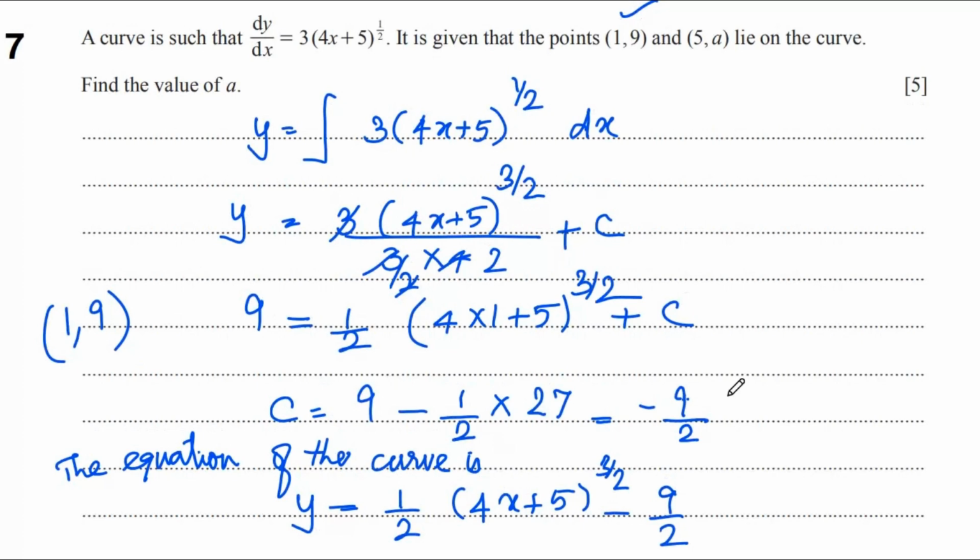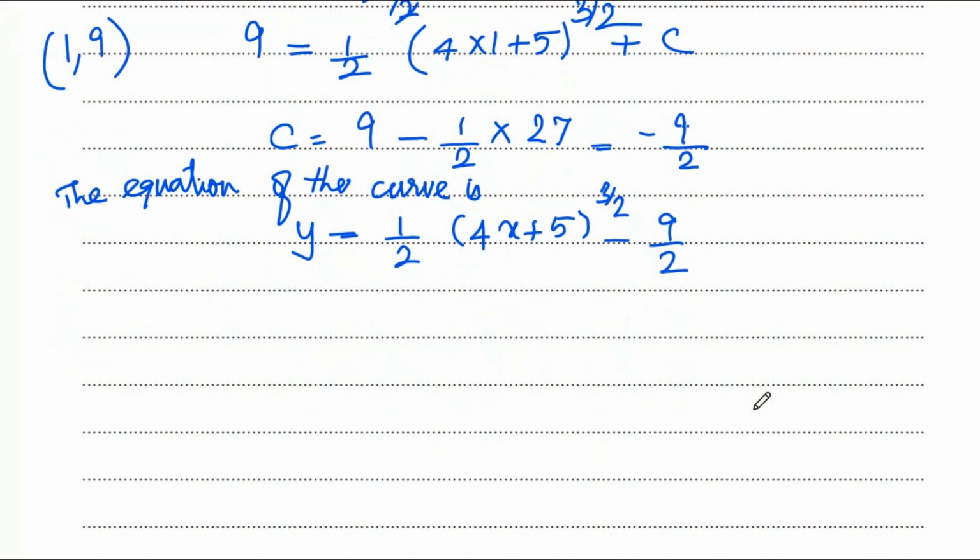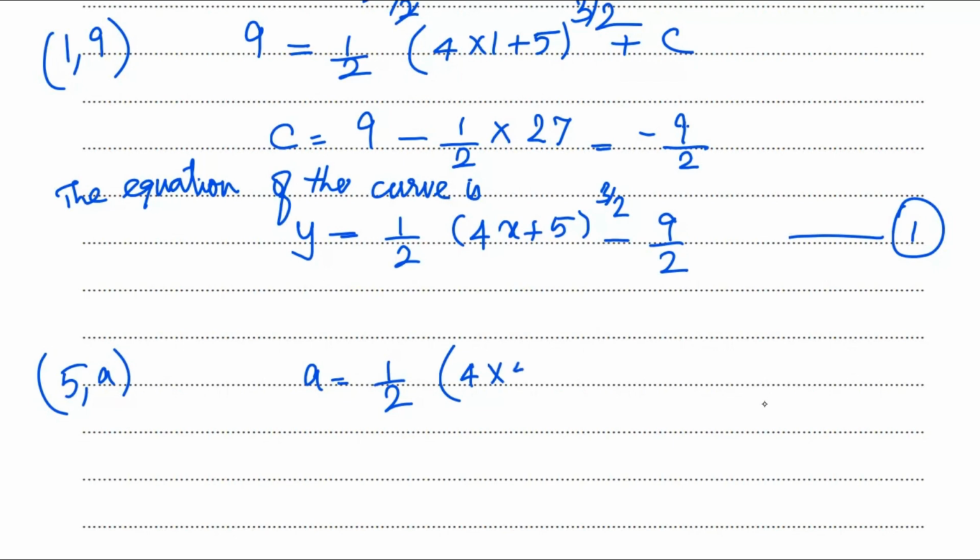One more point is also given, (5, a), which lies on the curve. Substitute that in the equation of the curve. So y is a, 1 over 2 multiplied by (4 times 5 plus 5). 4 times 5 is 20. 20 plus 5 is 25.